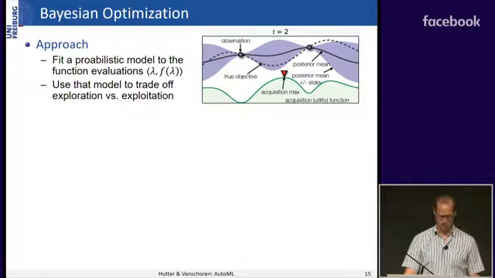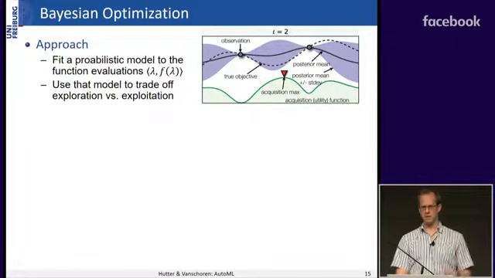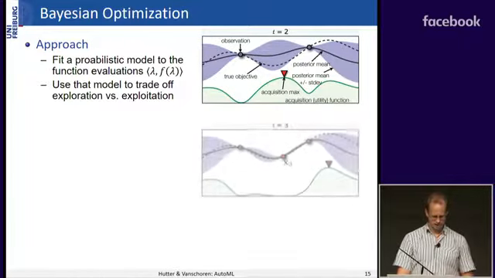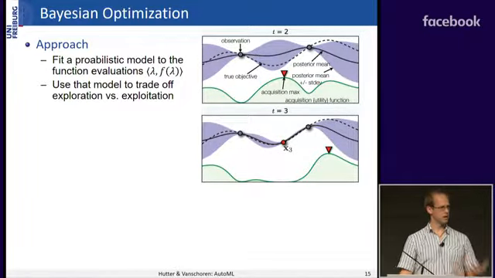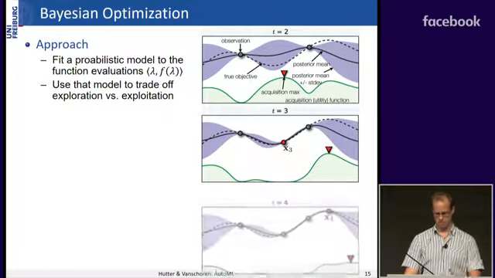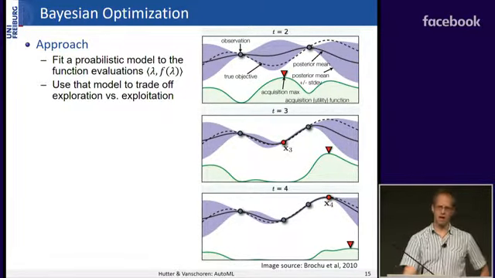One popular one is the expected improvement over the best point seen so far, and this is plotted here. What you then do is to optimize this acquisition function over your hyperparameter space to find the maximizer. Then you evaluate your function at that point, refit your model to, in particular, get lower uncertainty estimates around here and also a somewhat different fit globally. Then you recompute your acquisition function, optimize your acquisition function again, and evaluate the next point, and you iterate until you're out of time.